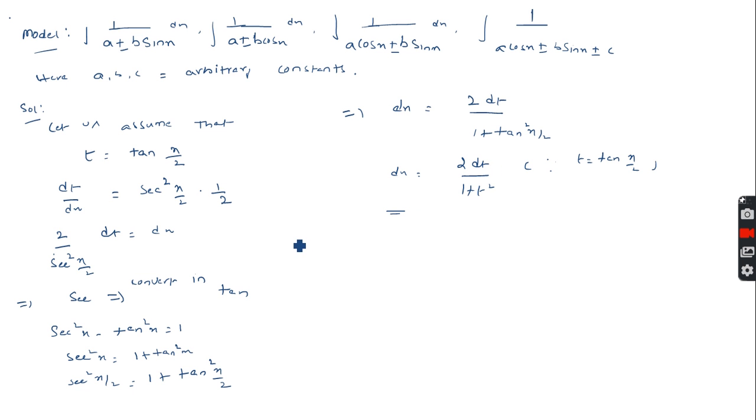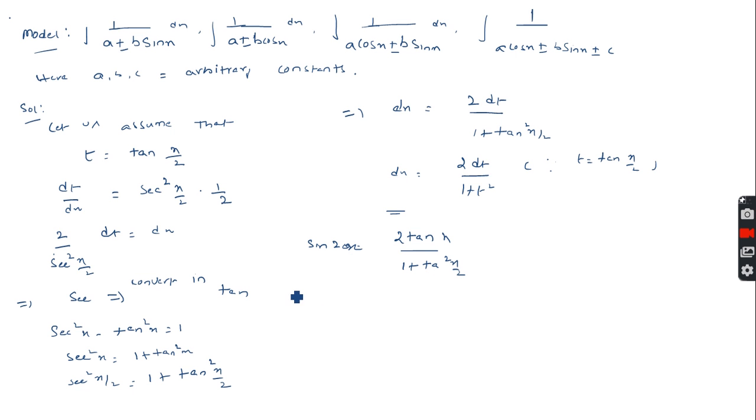Similarly we need to write sin x and cos x in terms of tan. We know that sin 2x can be written as 2 tan x by 1 plus tan square x.